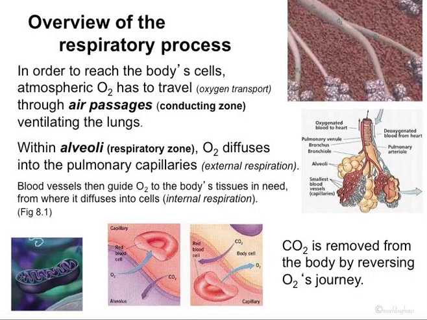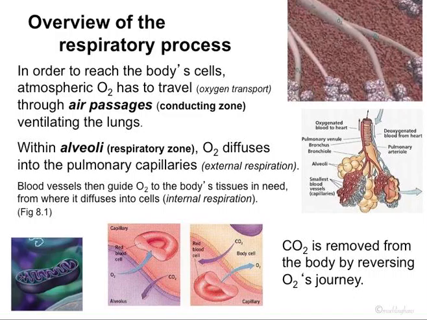And the air passages, meaning the places where the air passes by to get to the lungs, we call the conducting zone. So we conduct air to the lungs to then get to the respiratory zone. And the respiratory zone inside the lungs are the little air sacs called alveoli.